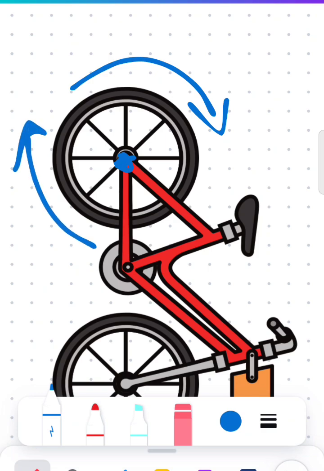This motion of the wheel around its pivoted point is known as rotatory motion. Other examples are the motion of a ceiling fan, which moves around a fixed point, and the rotation of the earth on its axis. These are examples of rotatory motion.